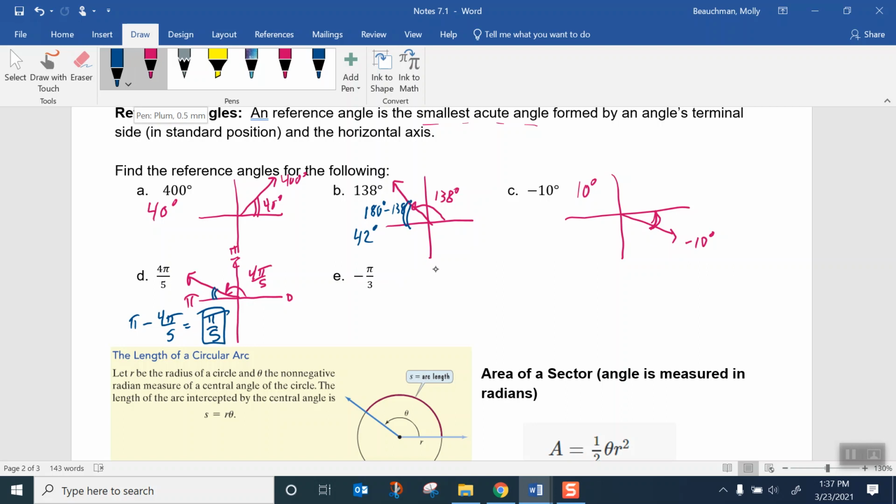Negative pi over 3, since our rotation still doesn't reach beyond the fourth quadrant, negative pi over 3 lands about here. So the angle it makes with the x-axis, it's still an acute angle. So pi over 3 is the reference angle.